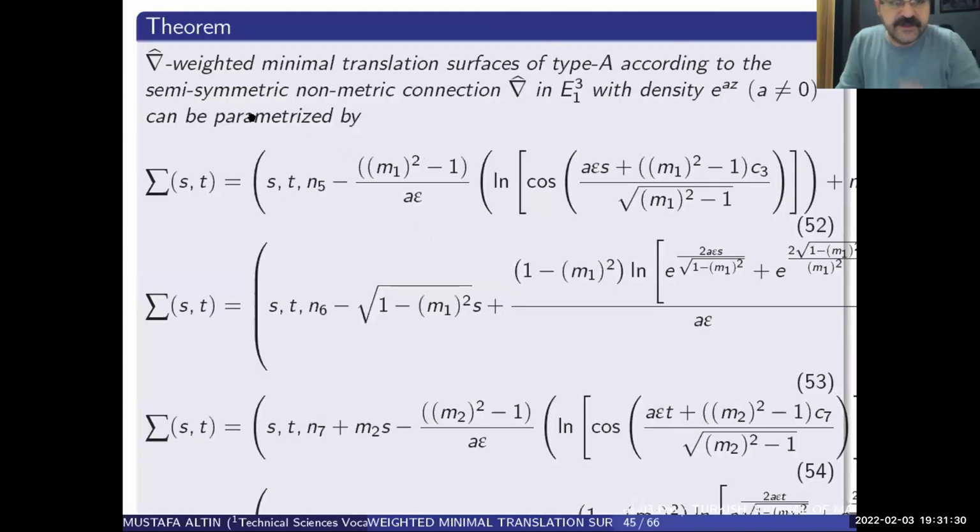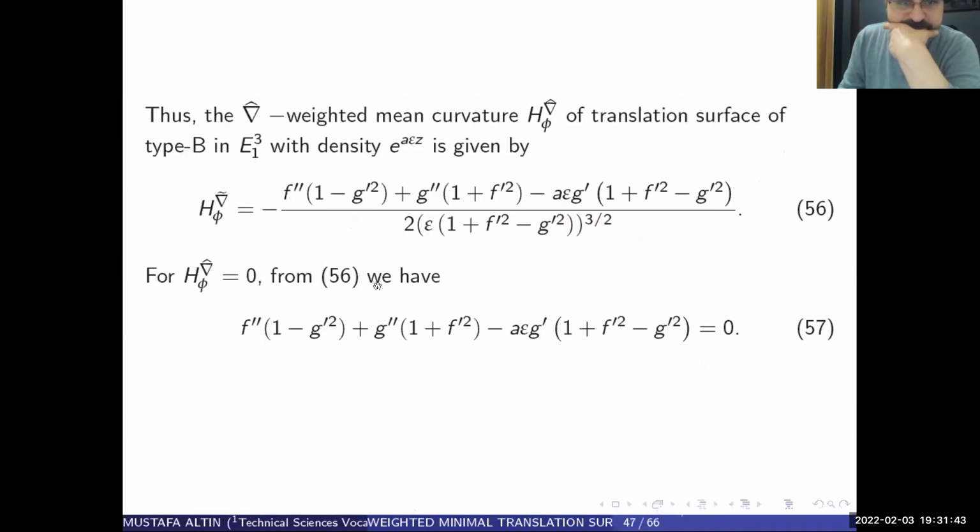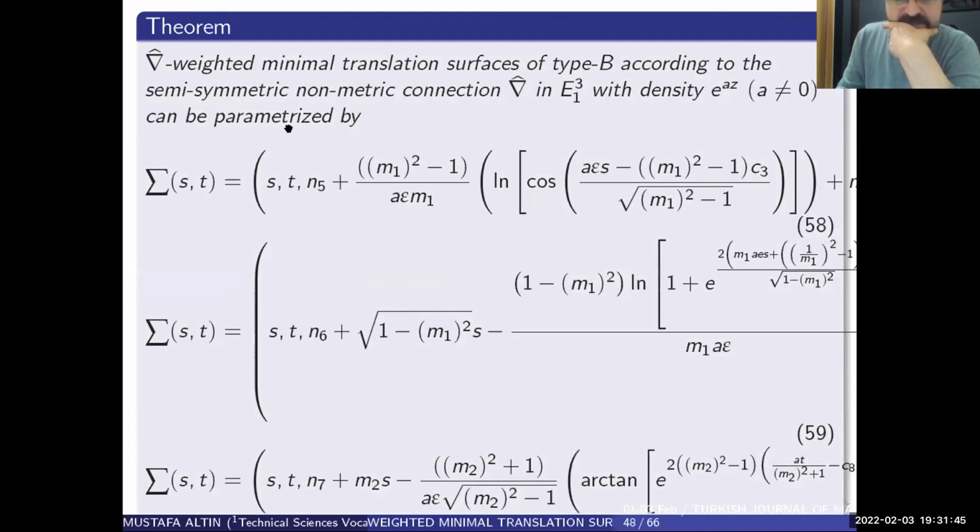The theorem: for the semi-symmetric non-metric connection with density e^{az}, type A surfaces are these. Semi-symmetric non-metric connection with density e^{az} for type B: these surfaces.